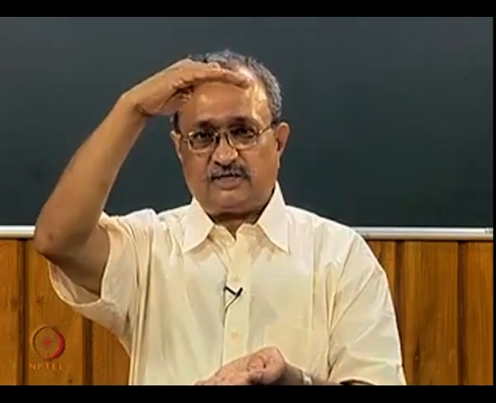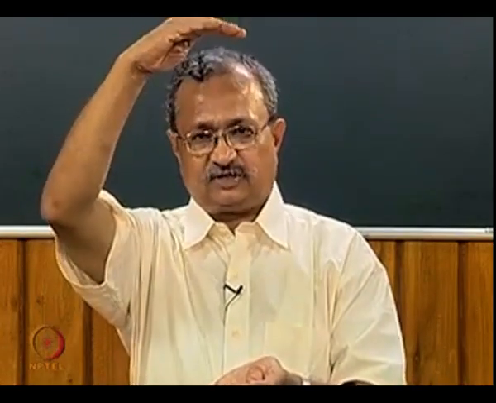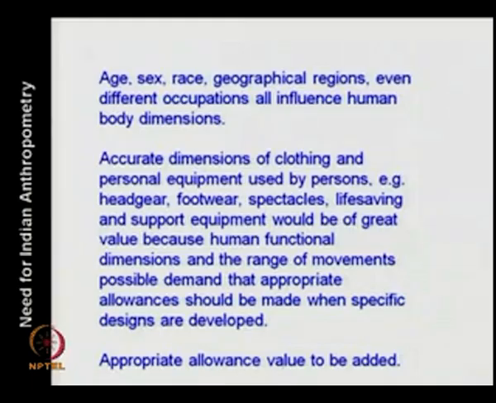So, that clearance is necessary. Even we do not know whether that person will be a short height person, average height person or a tall person. In that case, the appropriate allowance value addition is necessary.